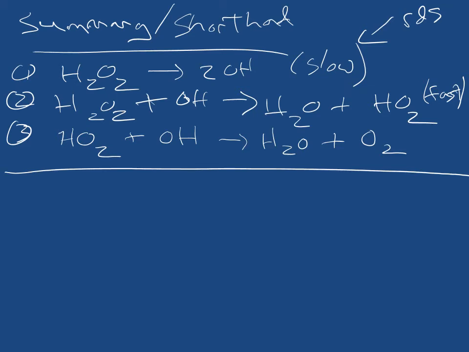If you add all this stuff together, I'm not sure I want to scratch it out in your notes, but maybe it'll be helpful. Let me get another color here. So there's an OH, and an OH will cancel those OHs. They're on opposite sides of the arrow. The HO2 will cancel the HO2.